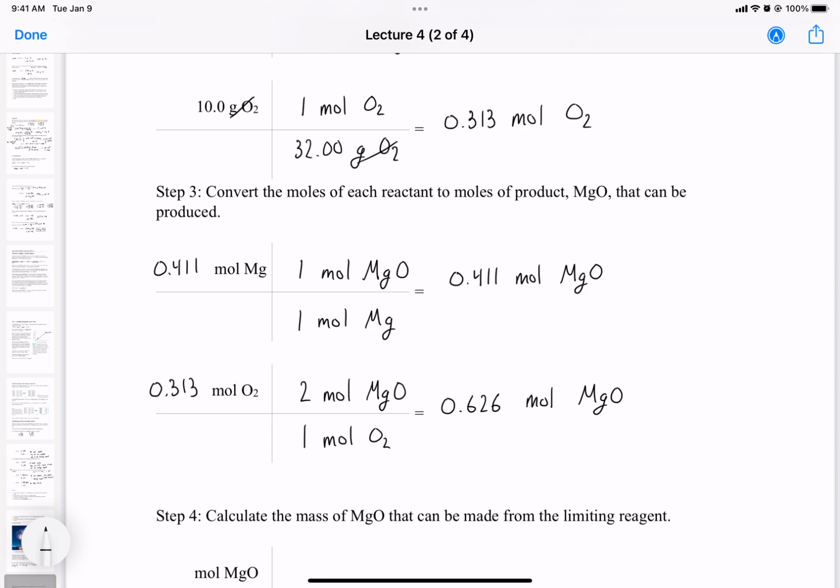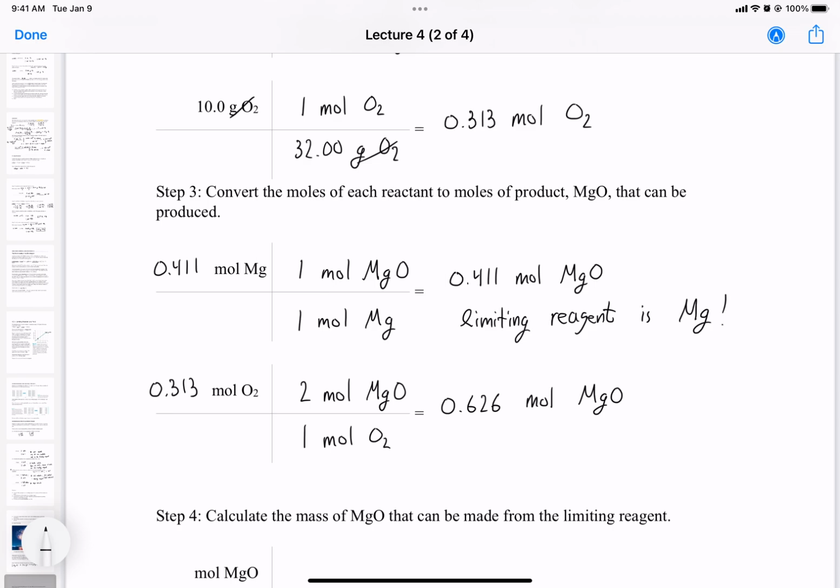Since we can only produce 0.411 moles of magnesium oxide with magnesium, that is going to be our limiting reagent. So this will be our limiting reagent. The limiting reagent is magnesium.